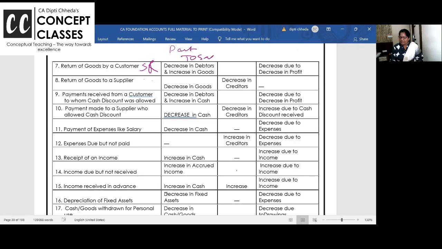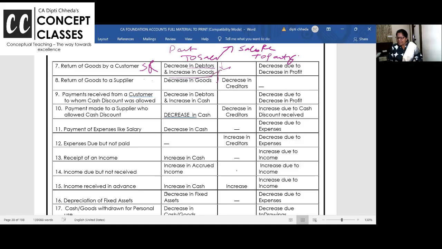Party to sales. Now reverse. Sales return to party. Okay? So now when the goods are coming back, party debtors are decreasing. I hope you all are getting.